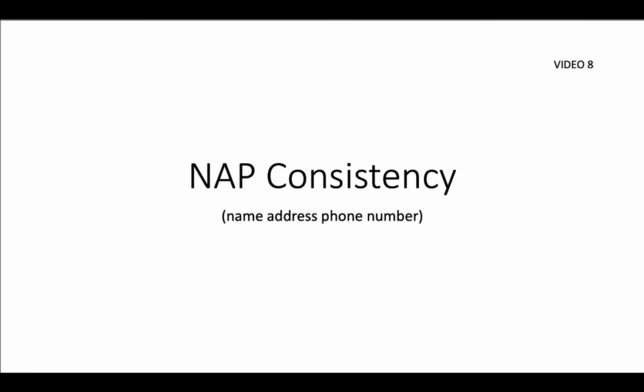Now, one of the main things you need to look at when creating rank and rent sites is NAP consistency: name, address and phone number. Now, we went through this a little bit in the GMB, okay, but it's a very important ranking factor, because you'll be hearing, and I went through the Mafia video as well, which was your off-page SEO, but you hear a lot of other people talking about entities, right?